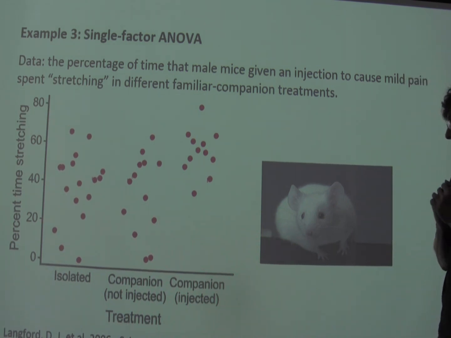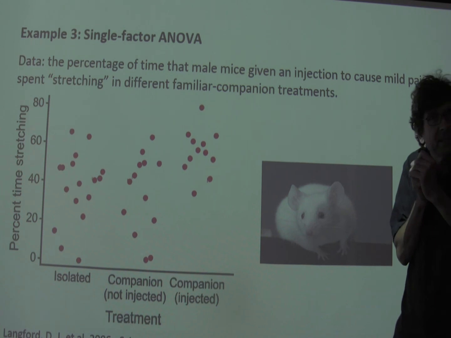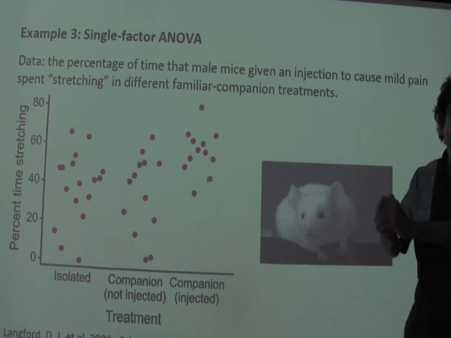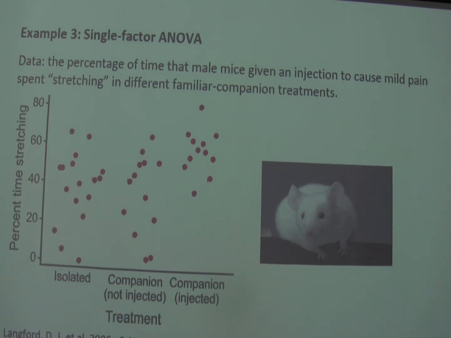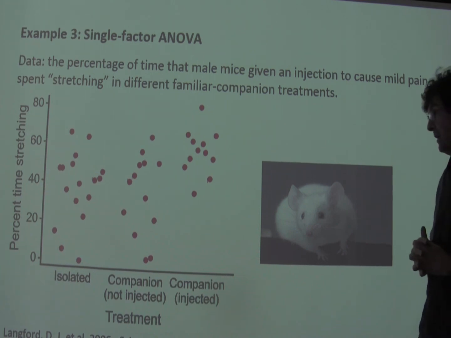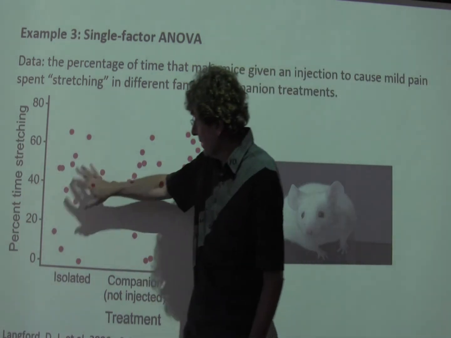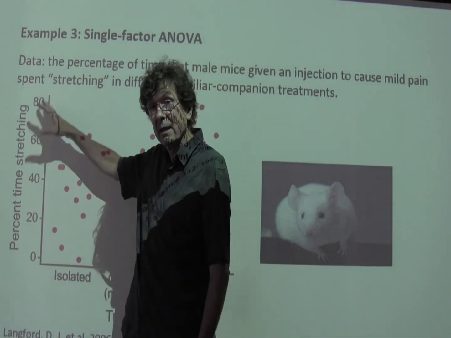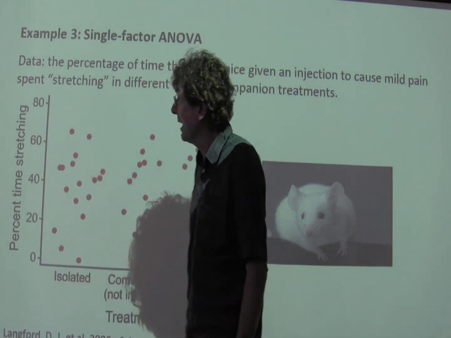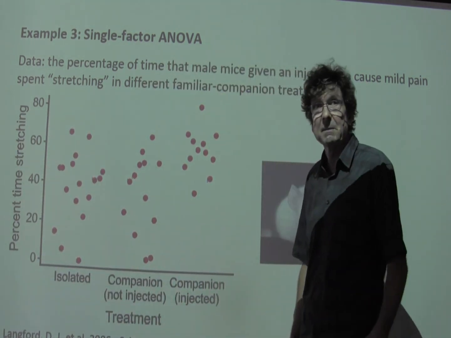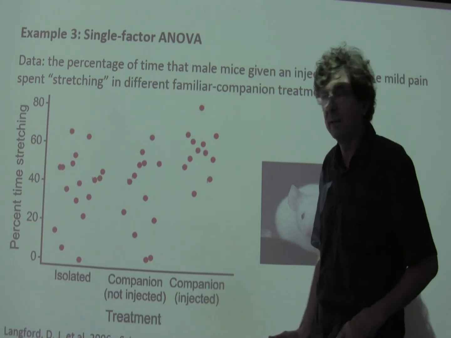And this makes the mouse uncomfortable, and it deals with this by stretching and stretching and stretching. That's the sort of symptom of its abdominal discomfort. And each of these dots represents a different mouse and a record of the percentage of the time they spent stretching after they were given this injection.